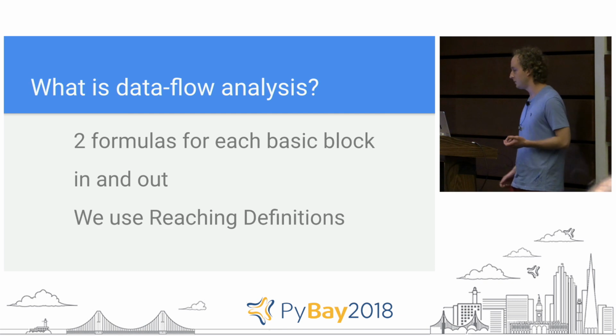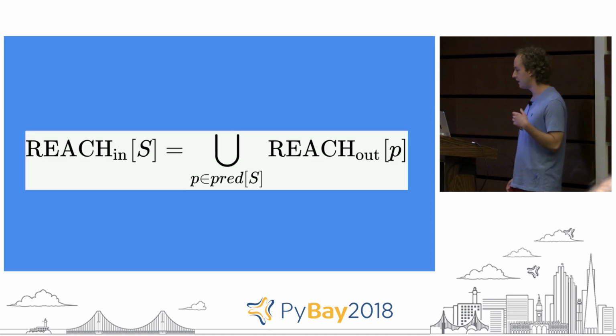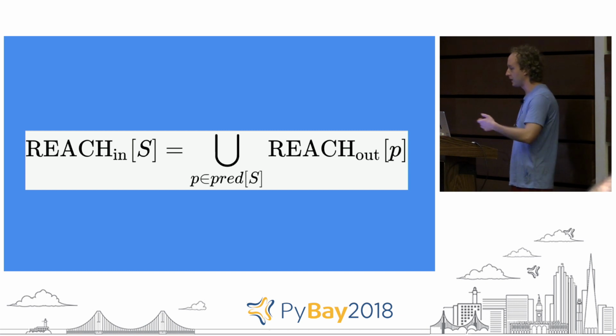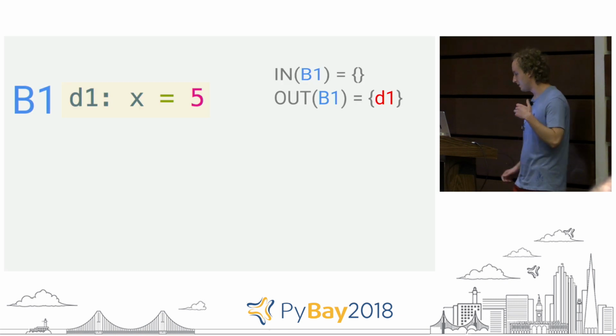In PyT, we use something called reaching definitions, or a modified version of it, rather, so that we can go from a source and see that the source reaches the dangerous sinks. And so the inset, the first half of it, is pretty easy. It's just the union of the reaching out sets of the preceding basic blocks.